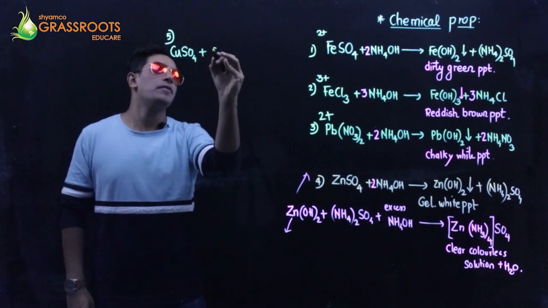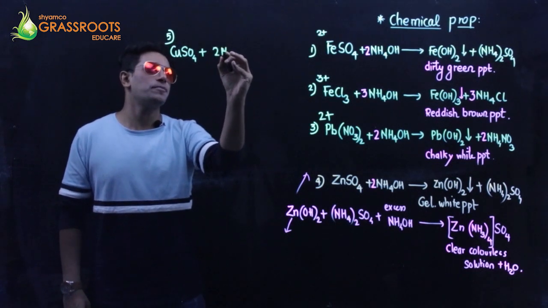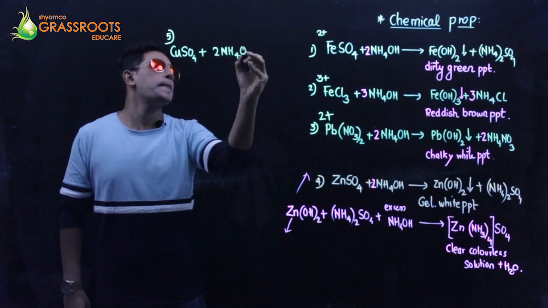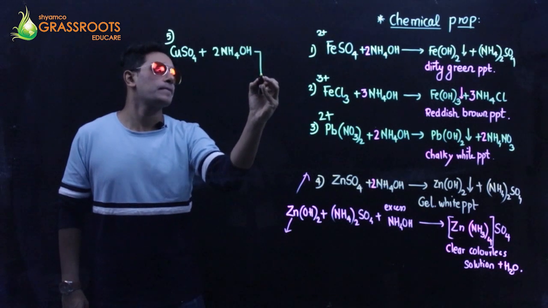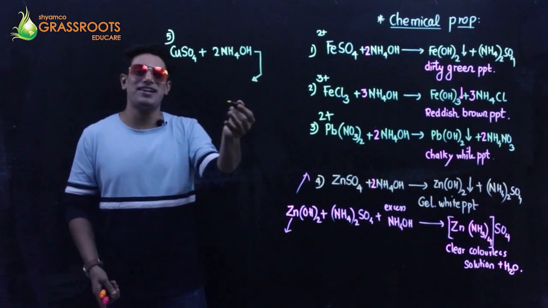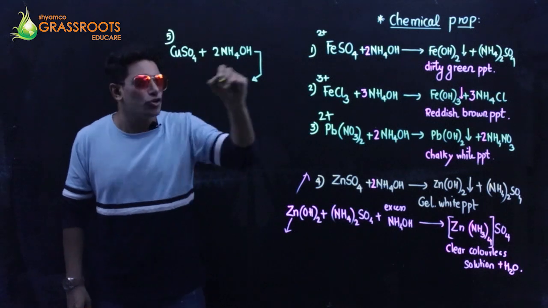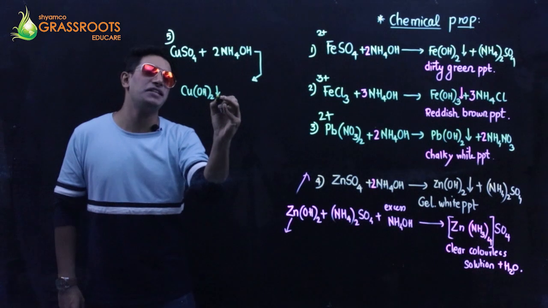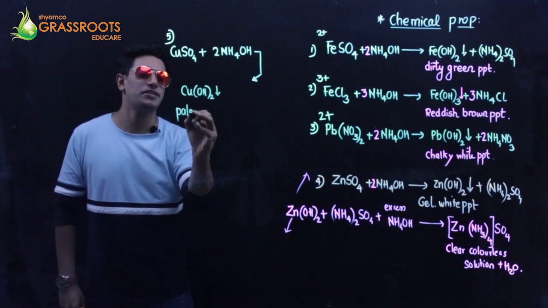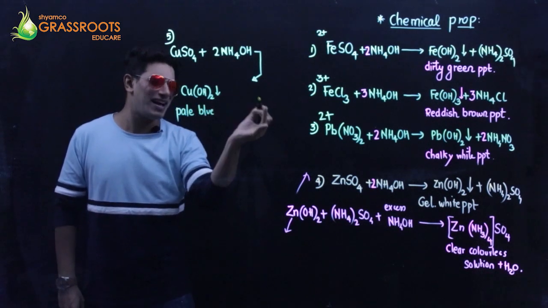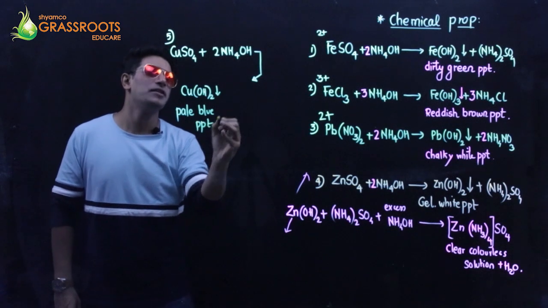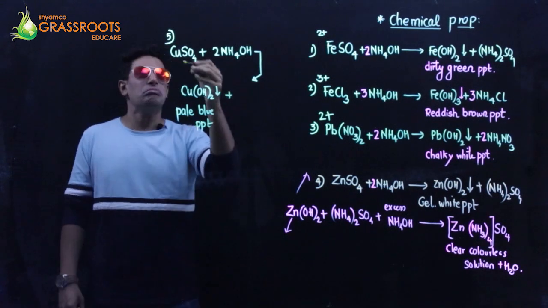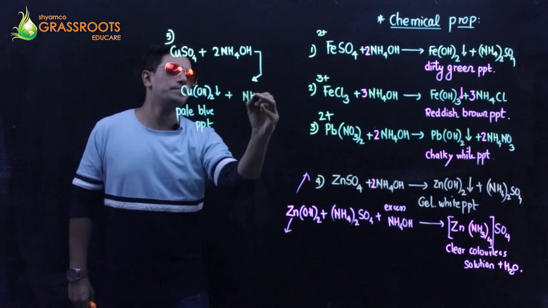Plus NH4OH. Something new here. I'm just writing the reaction. It gives copper hydroxide. Now that's a PPT, a pale blue precipitate. Plus ammonium sulfate again.